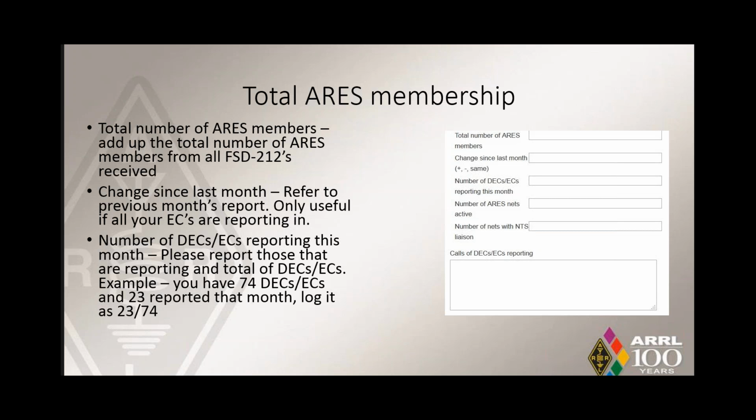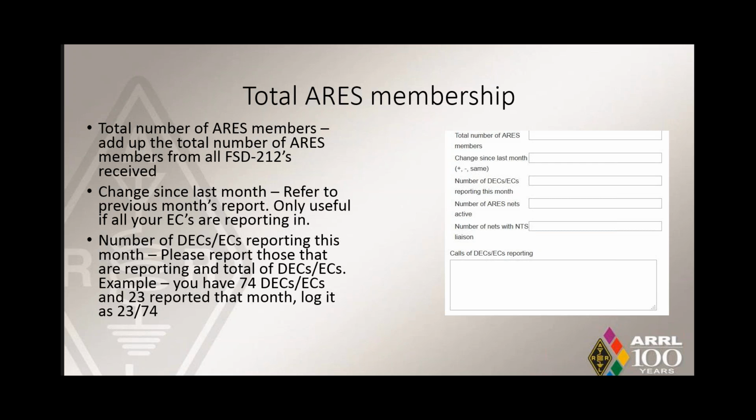And just remember that, just because nothing happened event-wise, there wasn't a big tornado or earthquake or hurricane or anything like that, it doesn't mean that you don't submit a report, because there's still other things going on. There's training, there's new ARES members coming on, some being removed from the roster. So there is still things happening, even if there's not a big event.